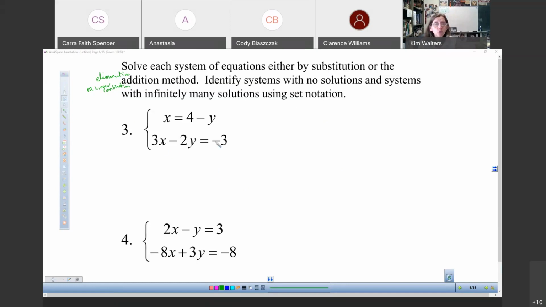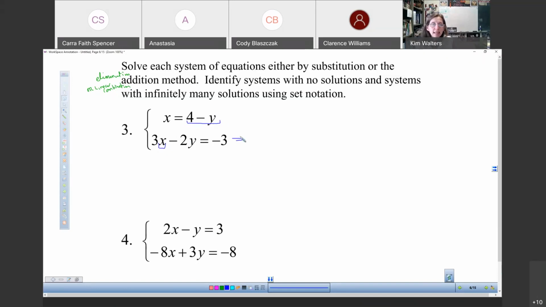So I'm going to go through these, like I said, and tell you which method I think is the better method, unless you have a particular preference. So as I said, this equation, I'm going to substitute into my second equation. So you see where I have x is equal to 4 minus y. Well, this I'm going to substitute into this equation.